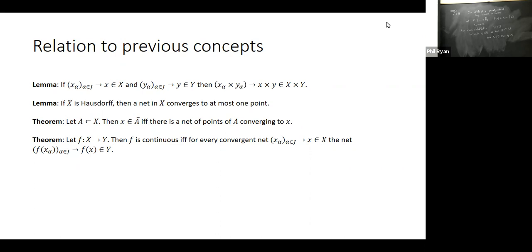And that's going to be true, because when we pull it back to here, any neighborhood of x is going to have x alpha in the pre-image of that neighborhood, and it's going to be the same index that's going to work for both cases. So I think that works. Yay.